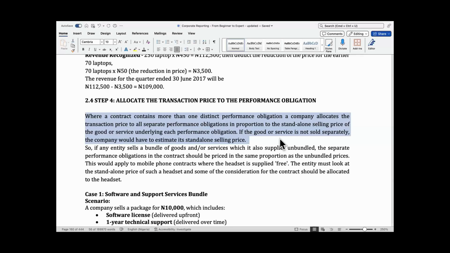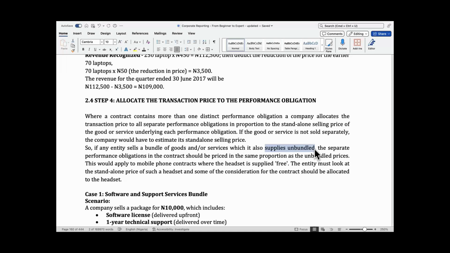If you also supply them unbundled, meaning that you supply them separately, then you can easily know their prices. But if you don't supply them separately, we can find a way to get their market price.